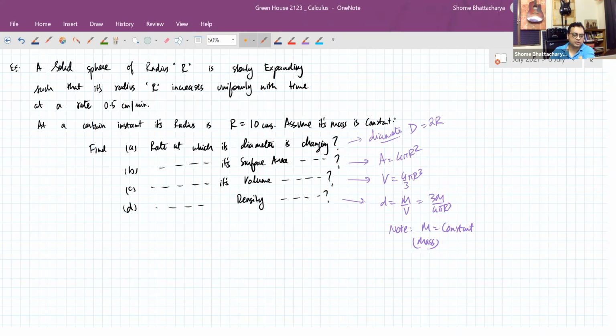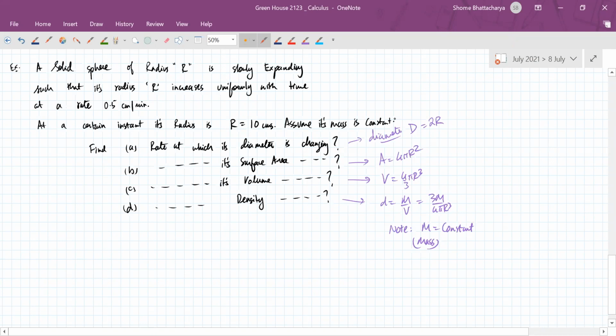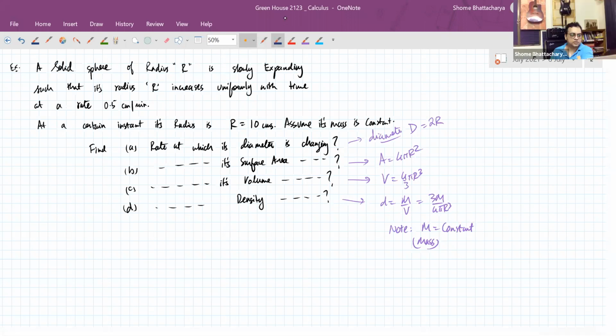You are heating the metal of the sphere, so it's expanding. But you're not changing the mass, so mass is constant. Okay, so just send me the answers as you're working it out.